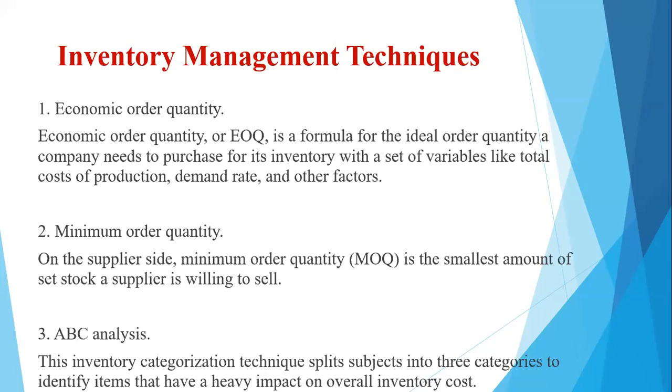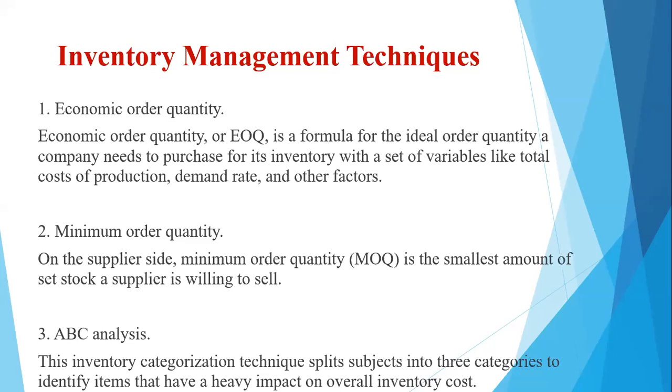If the retailers are unable to purchase the MOQ of the product, then the supplier is not going to sell it to you. So for example, inventory items that cost more to produce typically have a smaller MOQ as opposed to the cheaper items that are easier and more cost effective to make.